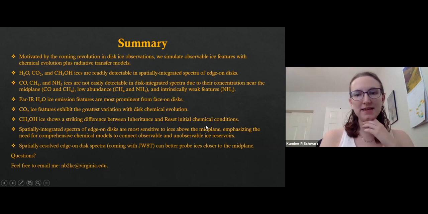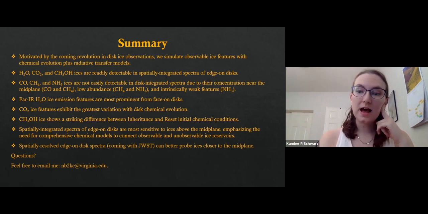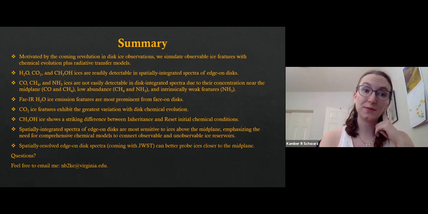Playing off of that, Neil says, cool method for simplifying the opacity distribution. How does the result depend on the number of k-means clusters used in the grouping?